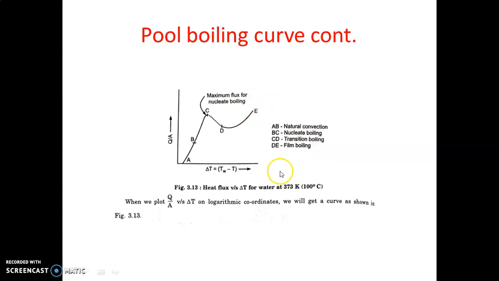In the case of film boiling, the rate of heat transfer is low at a very large temperature drop. Here the temperature drop is very high, and the flux is also low as compared to nucleate boiling. So film boiling is not desirable for commercial heat transfer equipment.